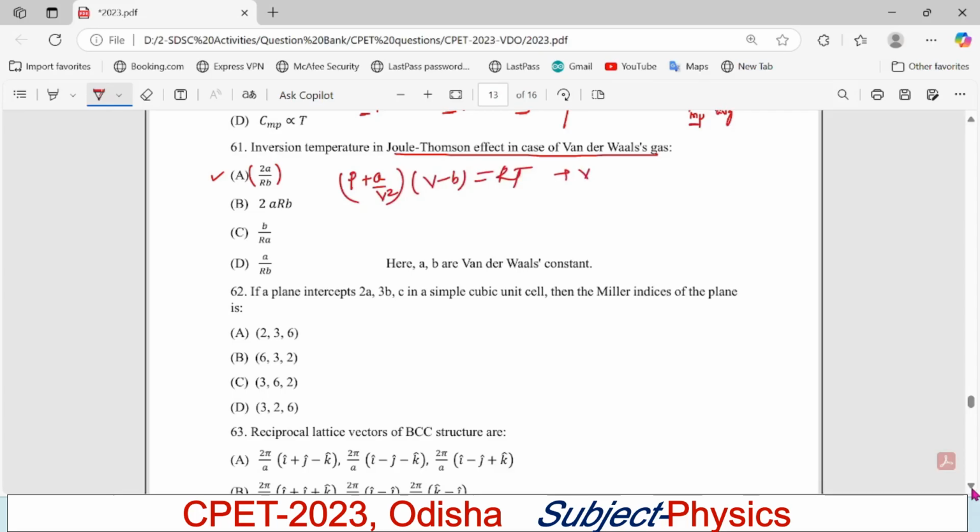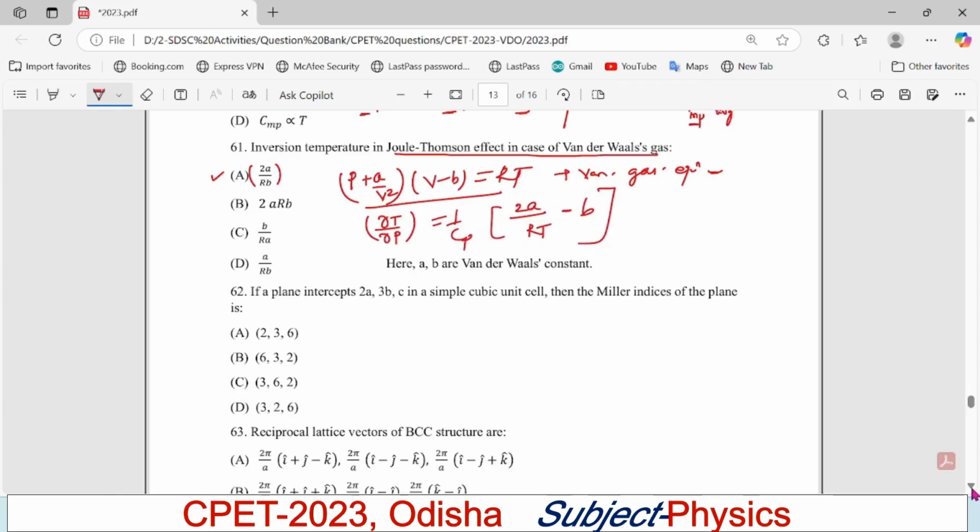This is the van der Waals equation, the famous gas equation that we know. From this we can derive del T by del P equal to 1 by Cp into 2A by RT minus B.